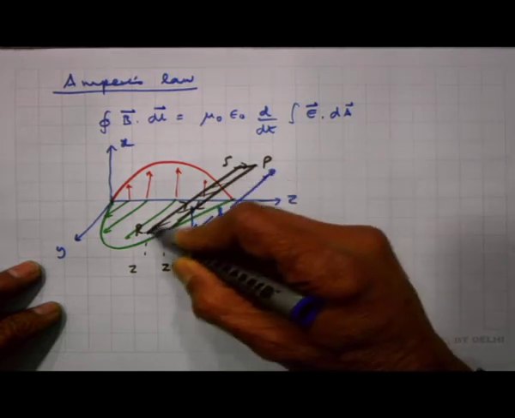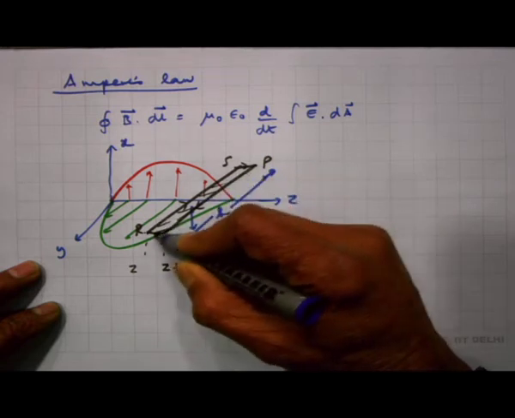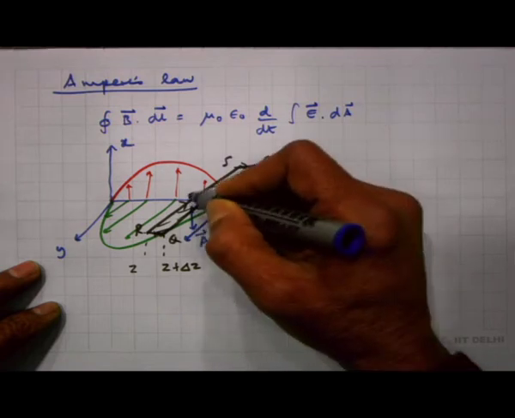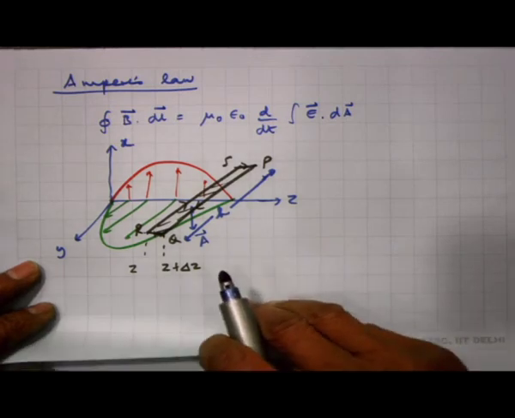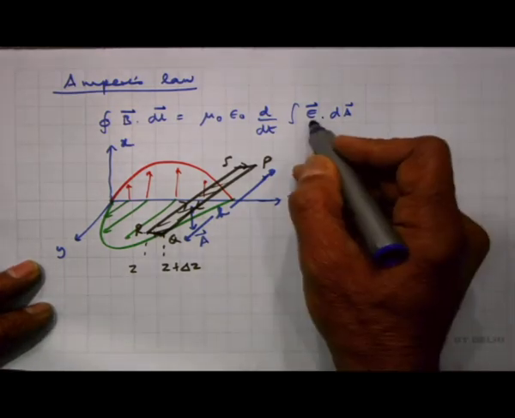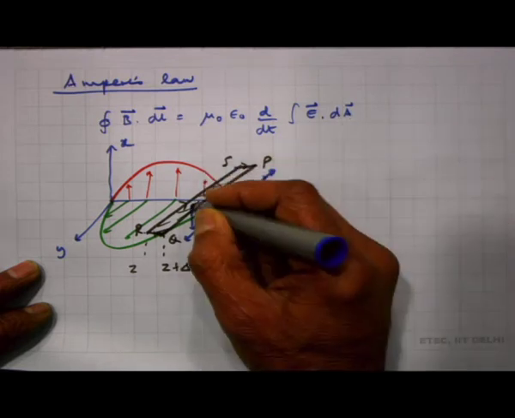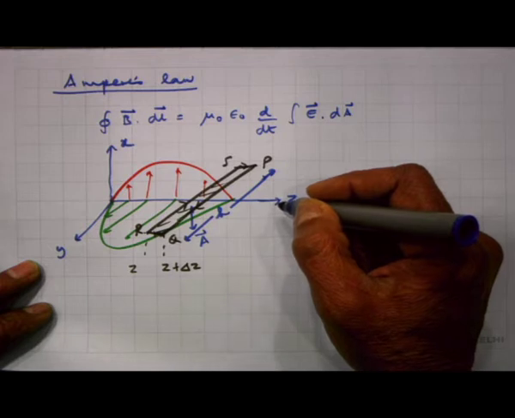Using the right hand rule, the path of integration is in this direction, and because of the right hand rule the area is pointing downward, the electric field is pointing upward, and so the electric flux is negative. Please remember in this equation the electric field is pointing upward, the area is pointing downward, and so E dot dA will have a negative sign.